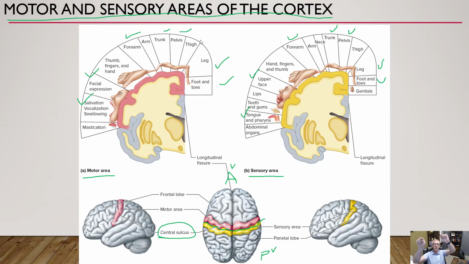So they kind of mirror each other as we go around the brain. So this is the area of the cerebral cortex that does the motor and sensory areas, and it's located anterior and posterior to the central sulcus.